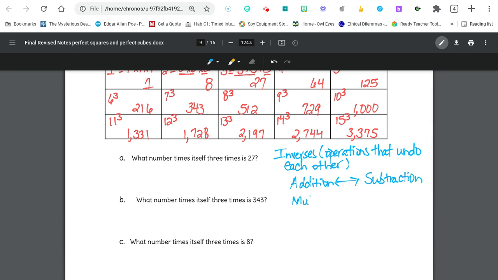So I could say addition is the inverse of subtraction, subtraction is the inverse of addition, the inverses of each other. Multiplication is the inverse of division, but yet division is also the inverse of multiplication.